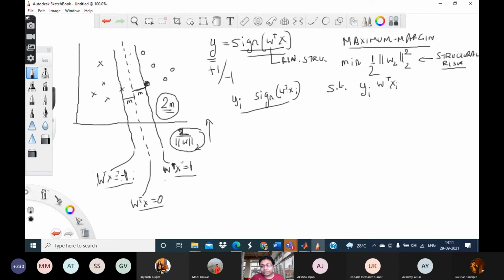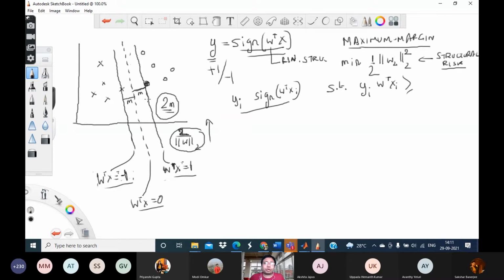If this is positive, that means either W transpose xi is positive and yi is +1, or W transpose xi is negative and yi is -1. If one is positive and the other is negative, then the product would be negative. So for correct classification, this product must be positive.